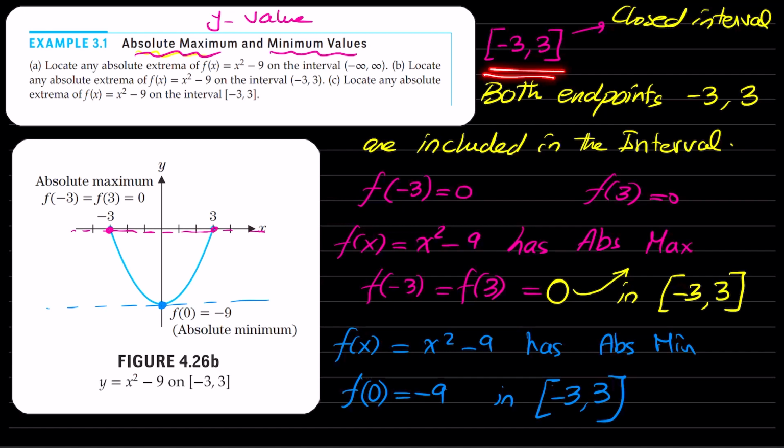Because it's a closed interval, the endpoints are included, so our graph starts from here until here. This is the maximum and this is the minimum. So 0 is the maximum value that we can reach, and -9 is the smallest value that we can reach.